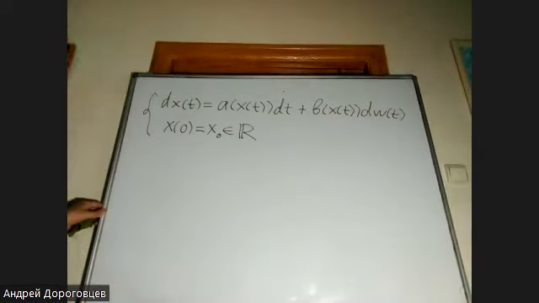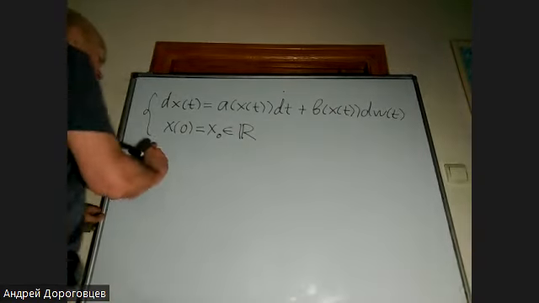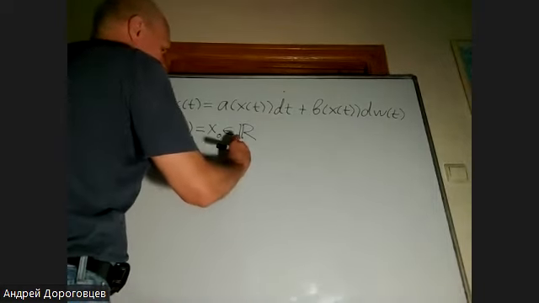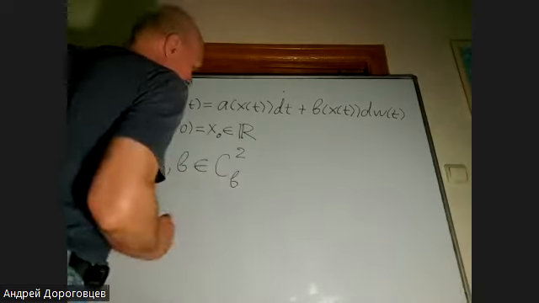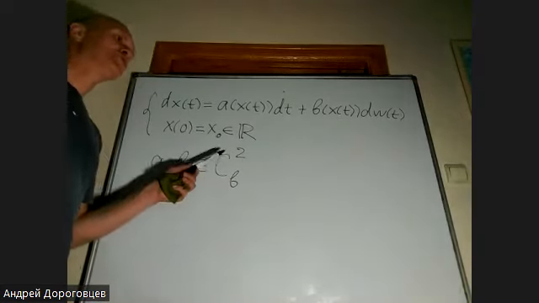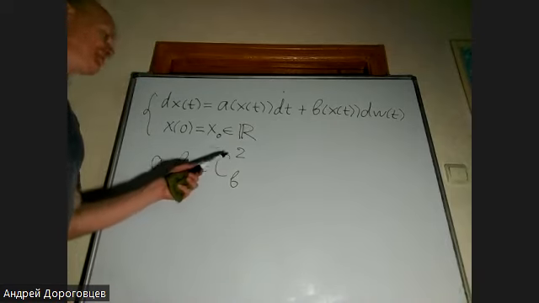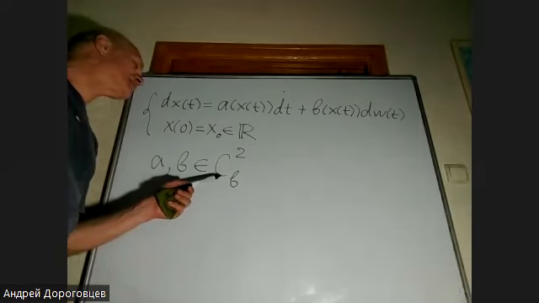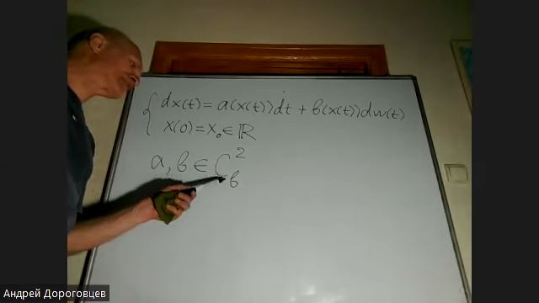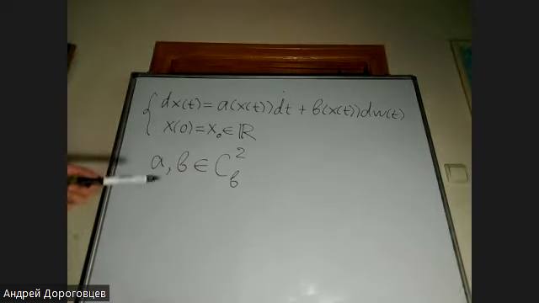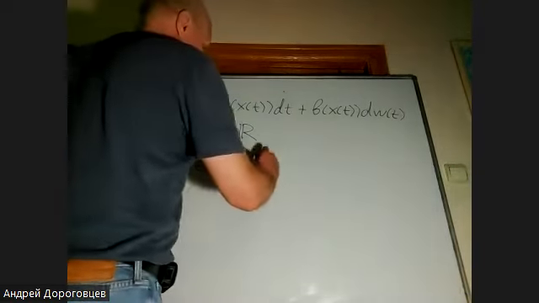I suppose that coefficients a and b are smooth enough and bounded. It means that they have two derivatives, the last one is continuous, and they are bounded together with its derivatives on the real line.